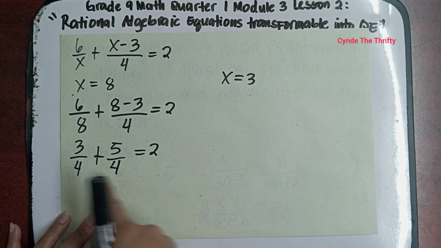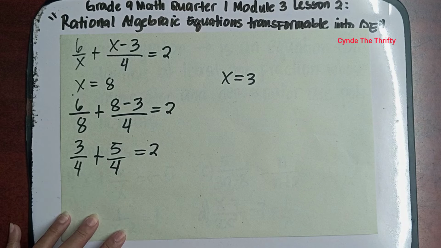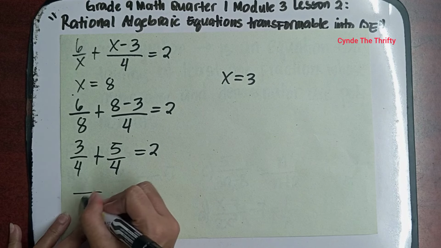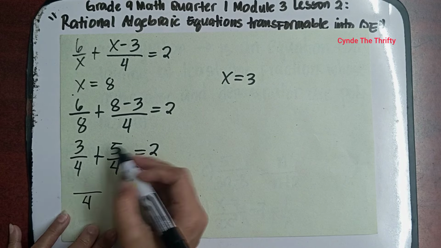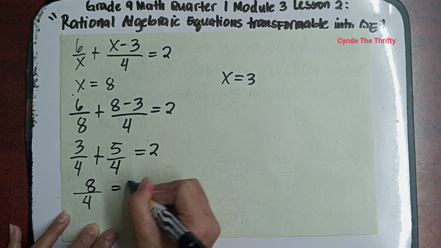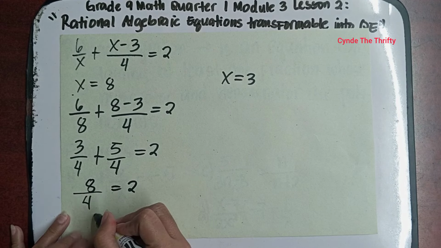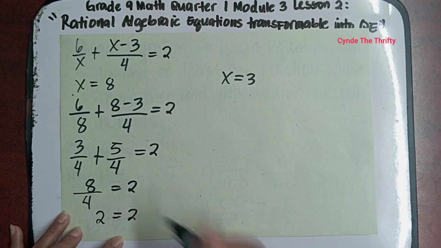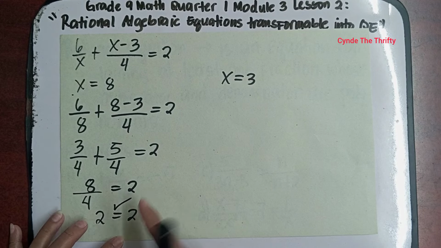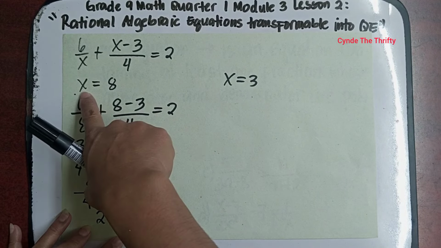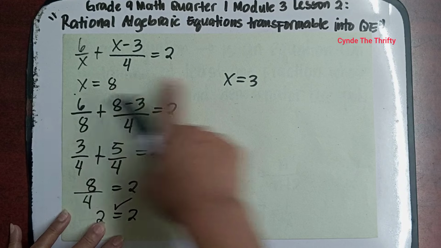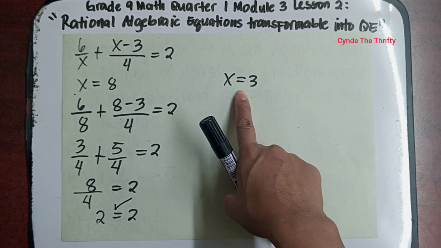So, magkapareho ang kanilang denominator, pwede natin silang i-add. So, ang ating denominator is 4 and then 3 plus 5 is 8, is equal to 2. 8 divided by 4 is equal to 2, is equal to 2. Okay? So, equal both sides. So, therefore, tama ang solution natin na x is equal to 8. Dito naman tayo sa x is equal to 3.